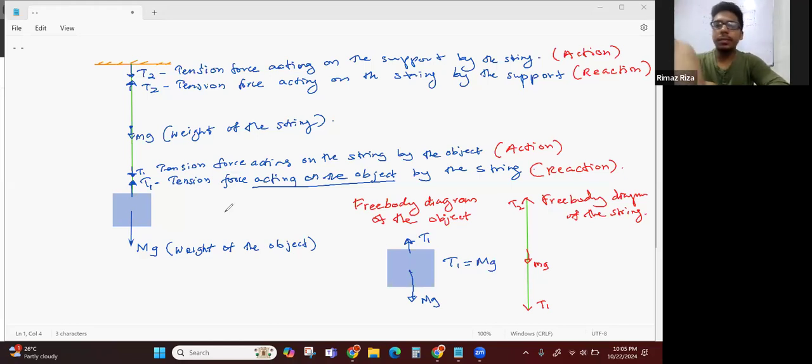So write down a subheading, important facts regarding the tension force.